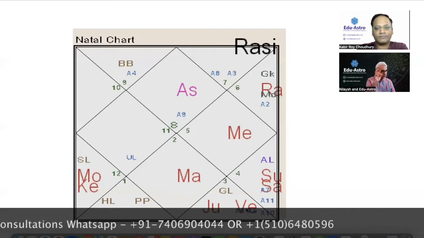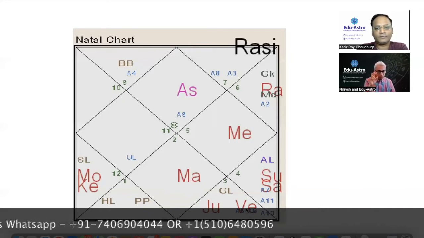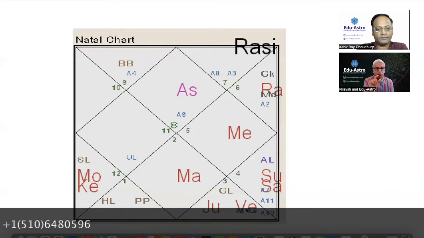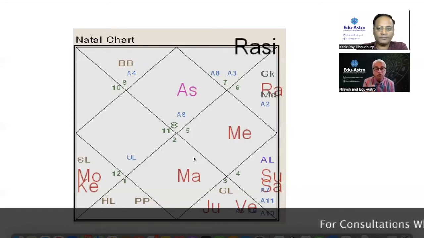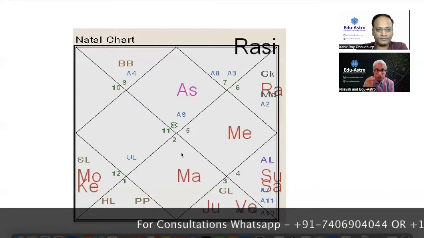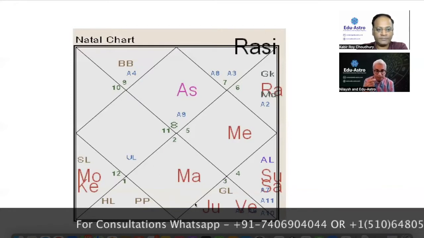What you observe first here: when you observe the seventh house, the house is the indication, the flavor of the event. So marriage is the event, right?